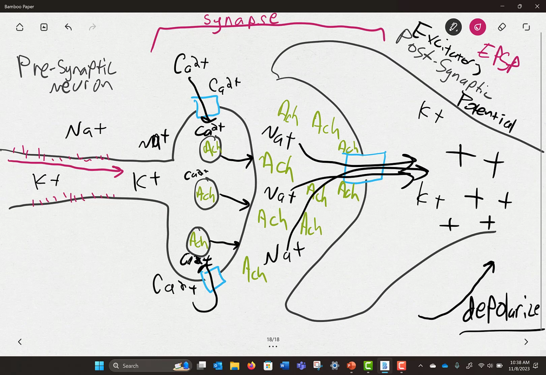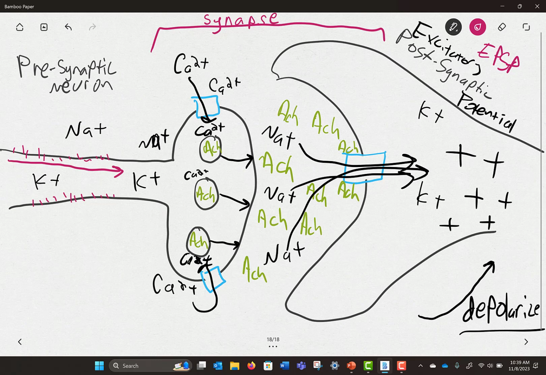If we had a different neurotransmitter, if it was something other than acetylcholine, there are lots of them. If, let's say, it was serotonin or GABA or a few others, it would have opened a different channel, a different ligand-gated channel. Maybe the channel caused potassium to leak out of the cell. Maybe the channel opened and allowed Cl- chloride to go into the cell.